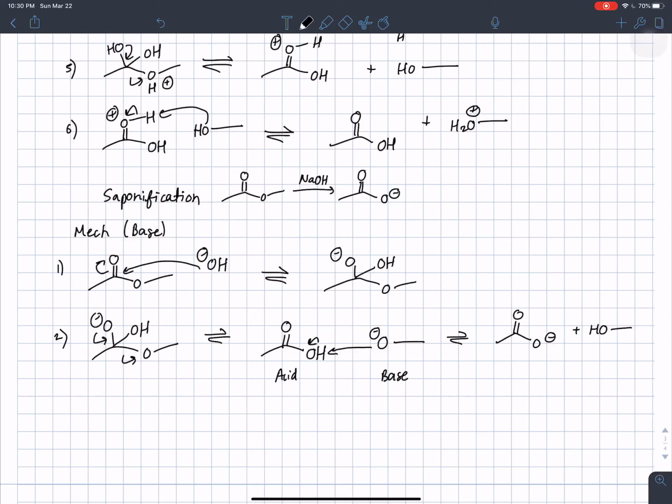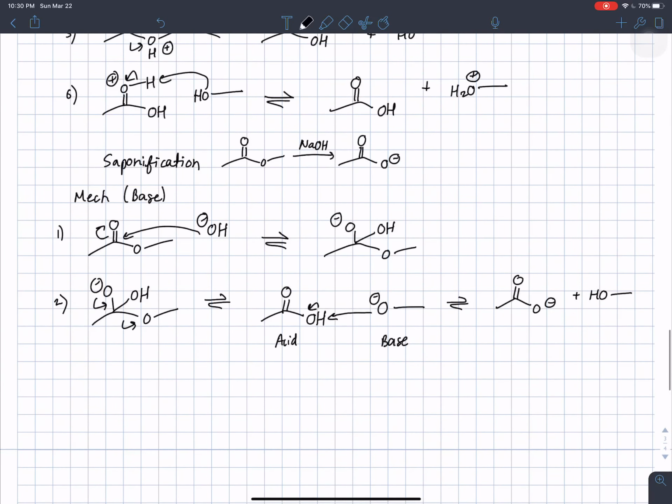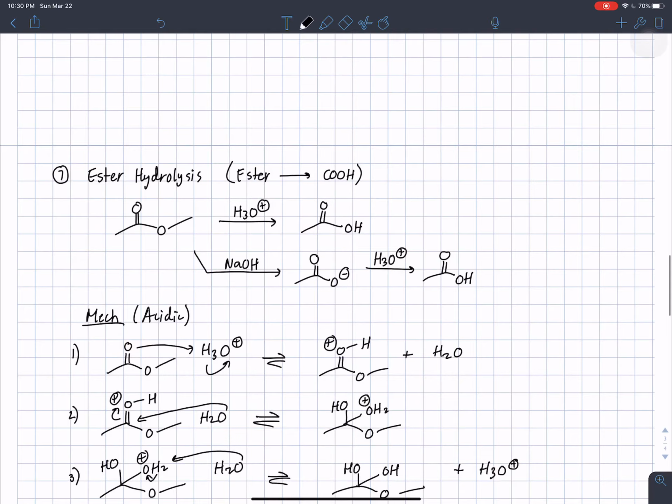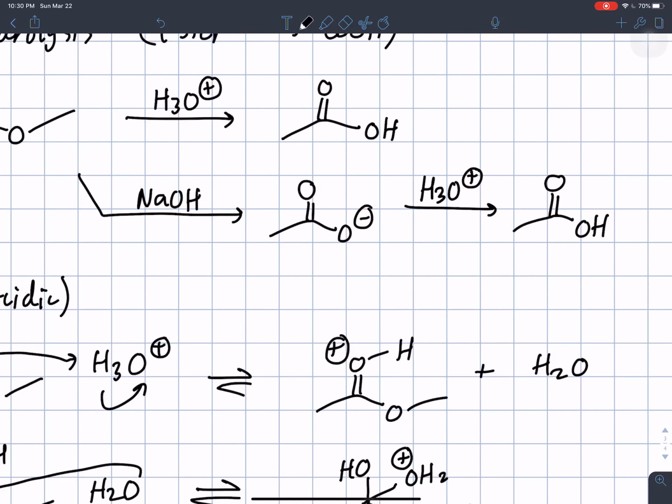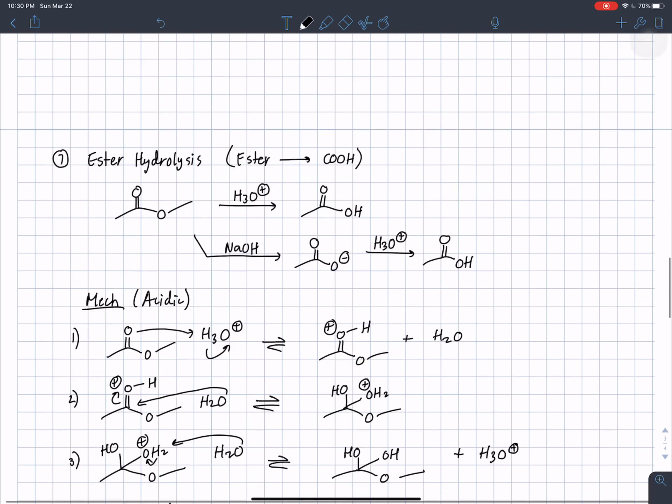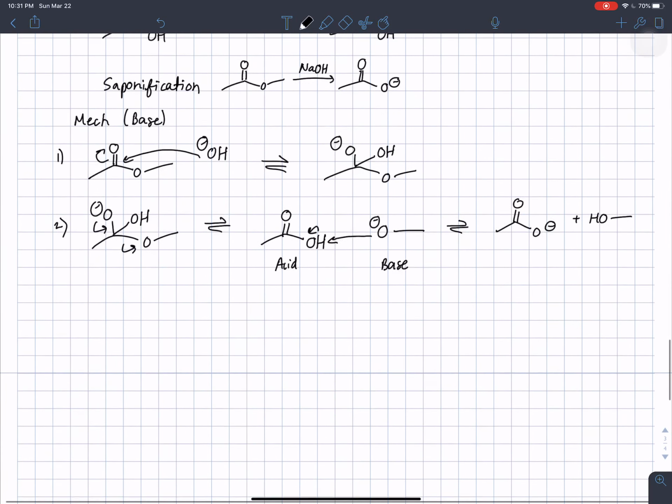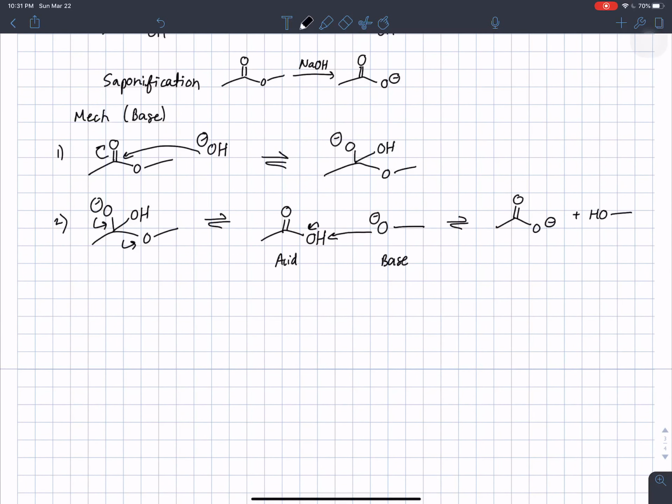So look out for any tricks they try to pull with that. So again, if you want to do this where you actually form a carboxylic acid, you have to go base and then the acid right after. Alright, I hope that makes sense.